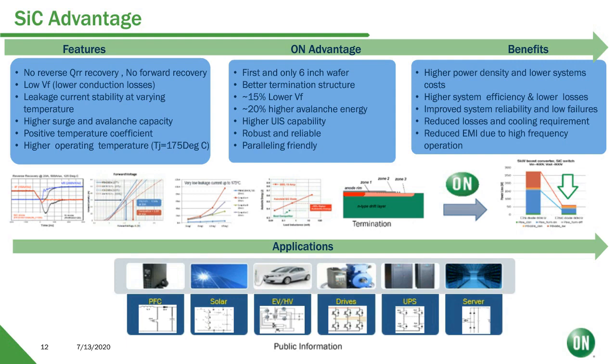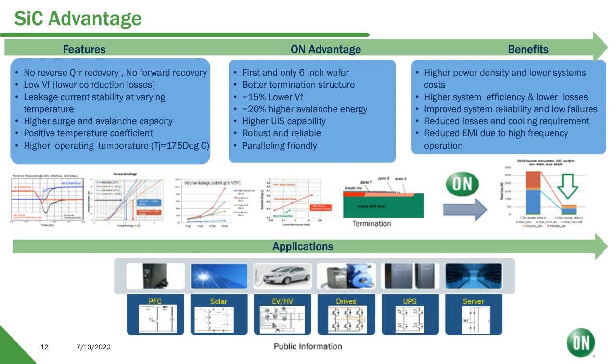For conduction losses, it's dramatically lower in terms of both low VF for a silicon carbide diode or the low RDS(on) of a MOSFET. There is good current stability, leakage current stability throughout varying temperature, which ultimately will pass on to strong reliability of silicon carbide devices. And a high surge and avalanche capacity compared to silicon diodes.